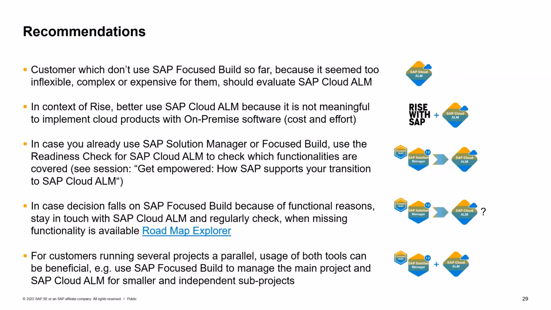It's very often the case, for instance, for some smaller FI projects, that you can use SAP Cloud ALM because you have smaller implementation teams. But for the other bigger implementation teams, like for logistics, which is typically more complex, you still run the Focus Build functionality. So these are 5 typical use cases.